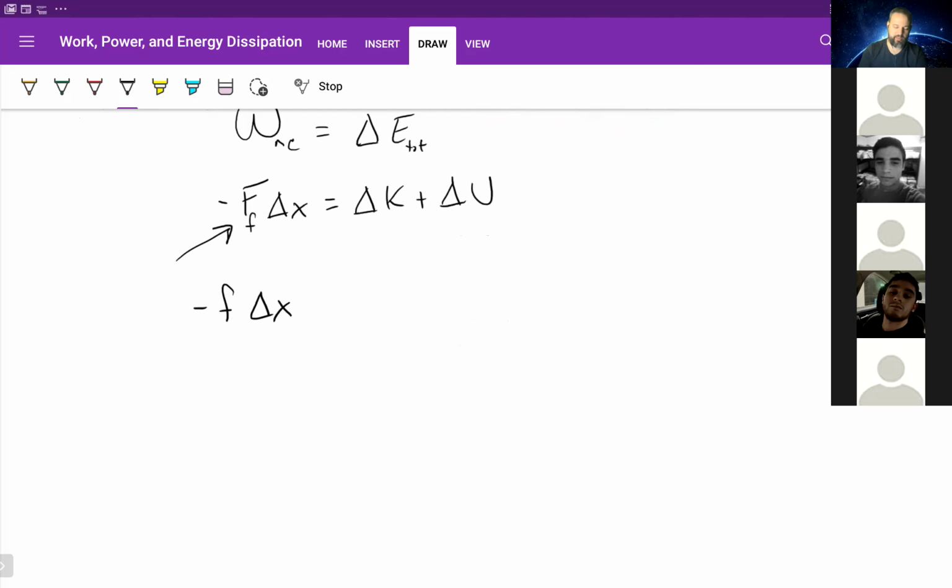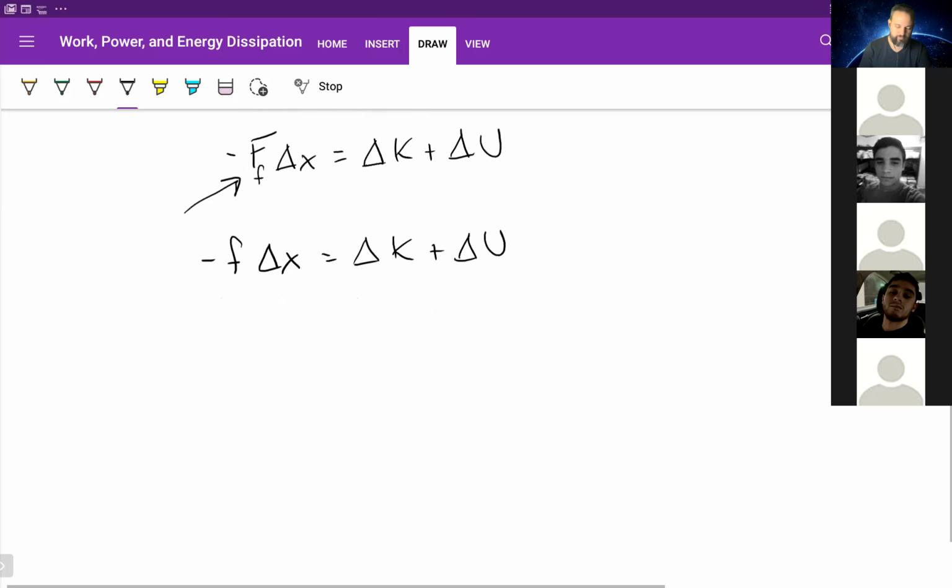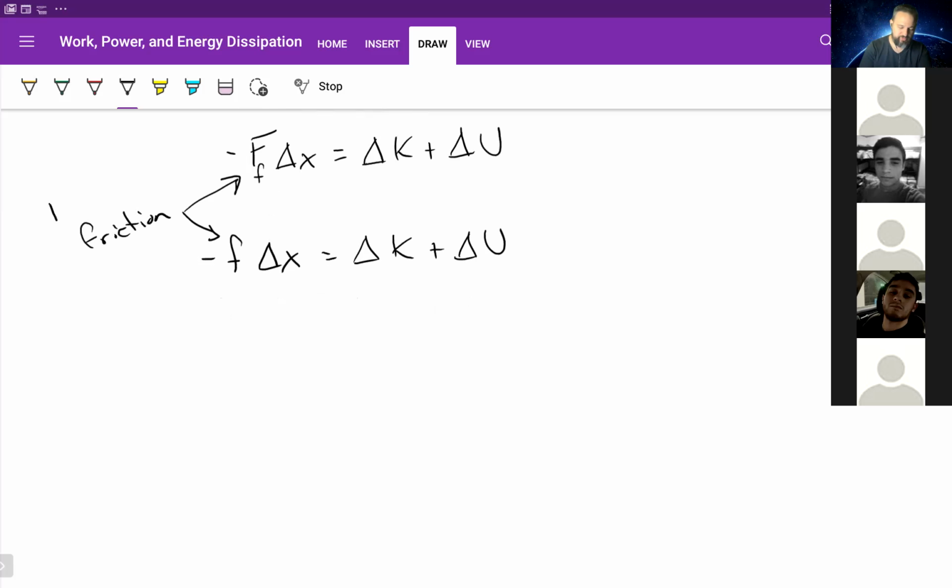Just so you know, if you see that, and I might start using that just to keep it a little simpler, both of these are the same thing, it's the force due to friction.